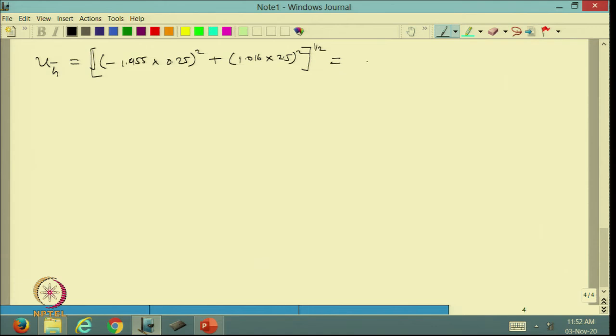And if we do this whole calculation, I am going to keep these two numbers separate because we will use them later on.